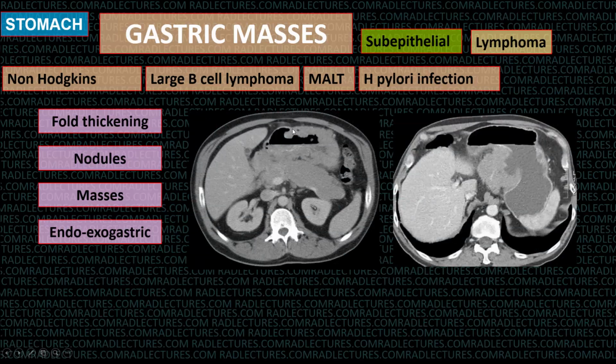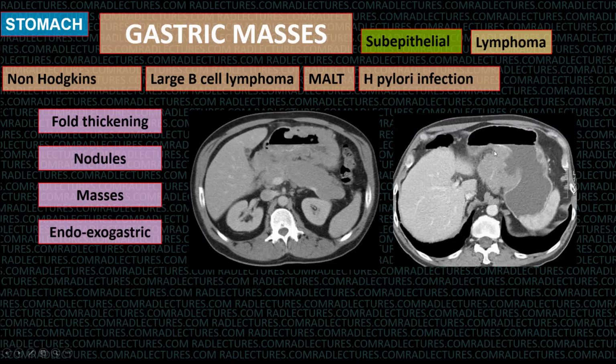On CT, they can appear as masses and wall thickening and endoexogastric type of masses. In this case, you can see this is the mucosa. It is coming up. It's a submucosal mass, and it has caused ulceration in this. And lymphomas are very likely to ulcerate, especially when they are endoexogastric type lymphomas.